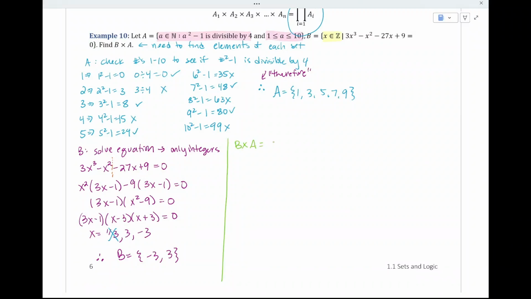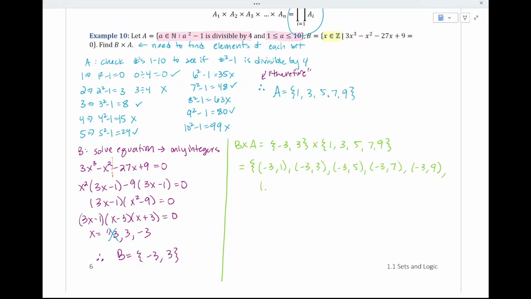That's going to be -3 and 3 cross 1, 3, 5, 7, and 9. So I'm going to have 2 times 5, 10 elements in this Cartesian product. My elements are going to be (-3, 1), (-3, 3), (-3, 5), (-3, 7), and (-3, 9).